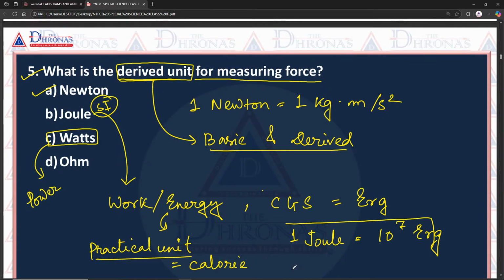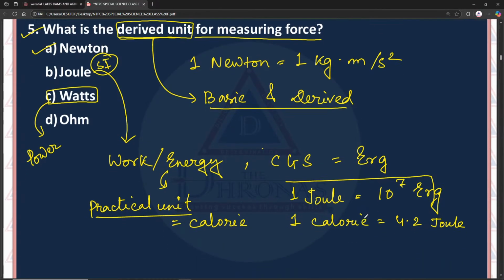Practical unit of energy is calorie. ठीक है, 1 calorie is equal to 4.2 joule. Okay. So these are the additional information that will be important for your upcoming exams.